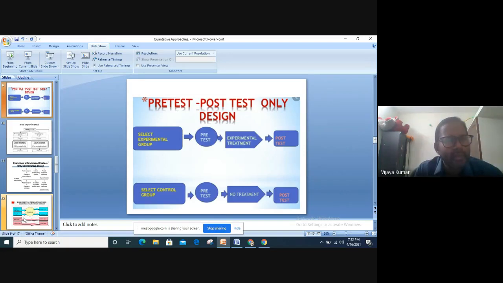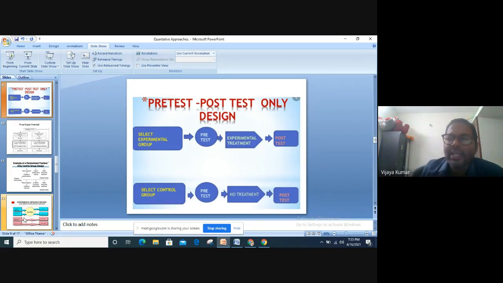So earlier, in my earlier slide, I was giving you a very generic example of how to apply an intervention design. But this intervention design has many classifications. The first type is called the pre-test, post-test only design.